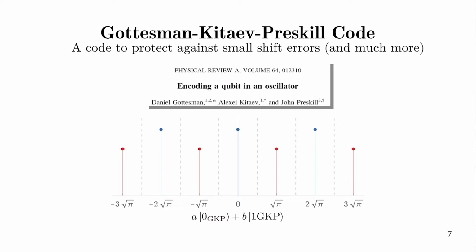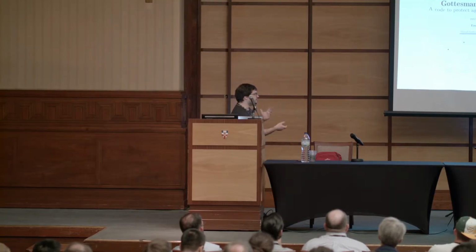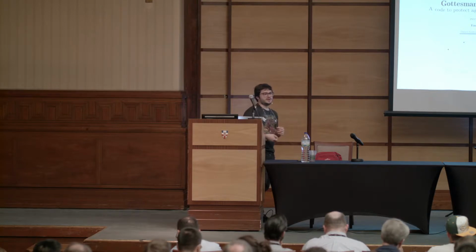As long as we're inside these root pi size bins, we still associate our results with a particular qubit. So that's why it's resilient to small shift errors, because it doesn't matter whether our wave function has shifted a bit. As long as it's in the right bin, we can say, okay, that was a 0 or that was a 1.